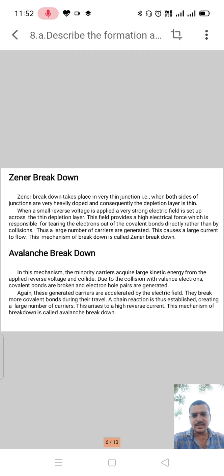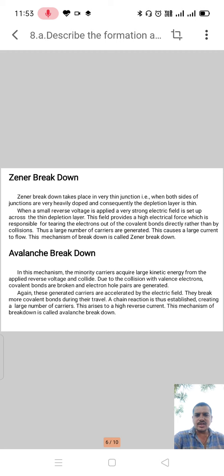Similarly, avalanche breakdown. In this mechanism, the minority carriers acquire large kinetic energy from the applied reverse voltage and collide. Due to the collision with valency electrons, covalent bonds are broken and electron hole pairs are generated.